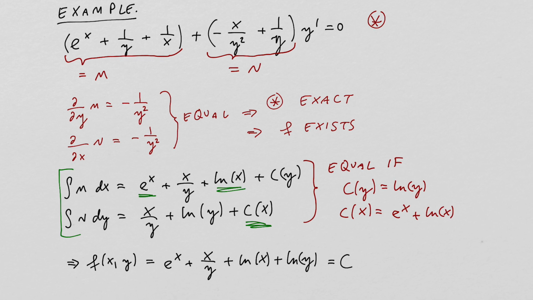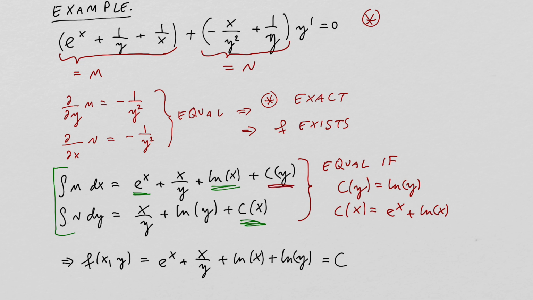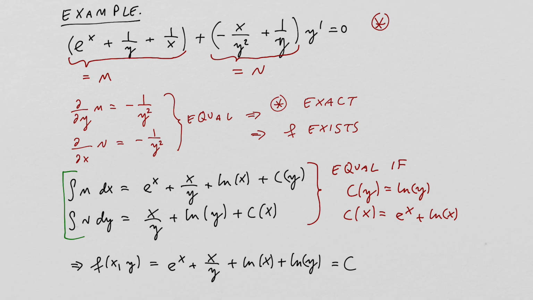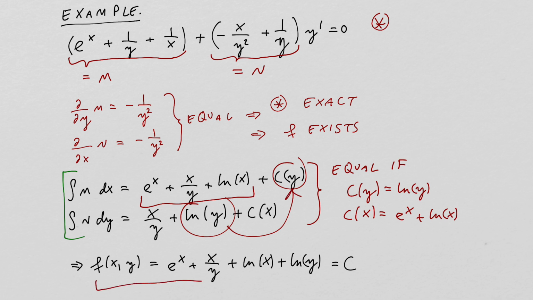In the same way, the constant depending on y needs to be this natural logarithm of y. So, for example, if we take the first expression and we just add the natural logarithm of y there, we will get our solution. We find our function f, and the result is that f is a constant.